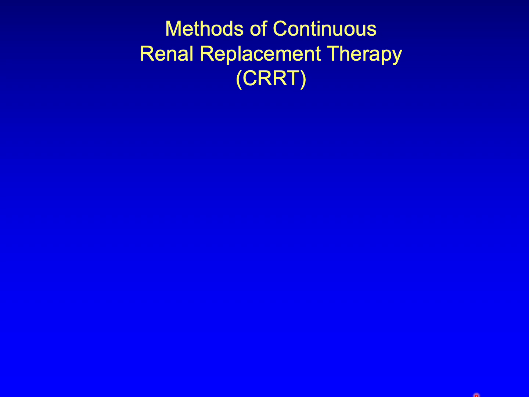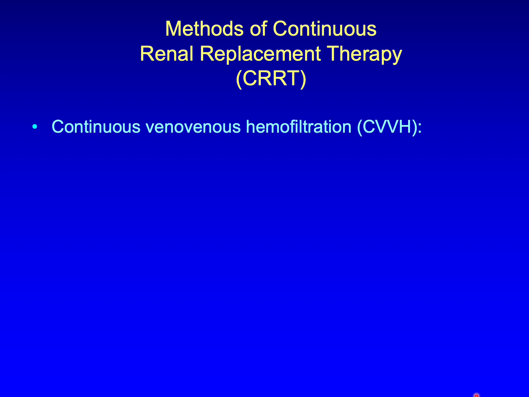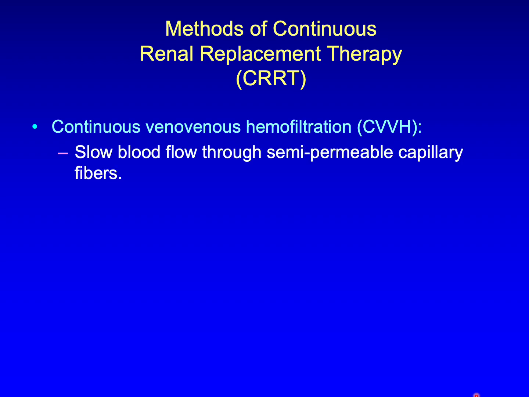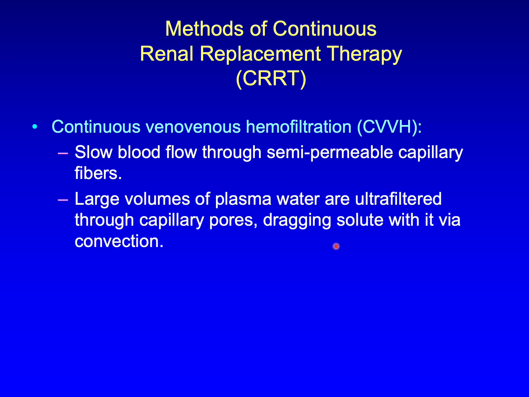We'll start with CVVH. So in continuous veno-venous hemofiltration, venous blood is circulated at a slow rate through a hemofilter consisting of hundreds of semi-permeable capillary fibers, just like a dialyzer but smaller. Negative external pressure can be used to create a gradient across those capillary fibers that allows plasma water to be ultrafiltered and removed, dragging solute with it via convection, just like with HD.